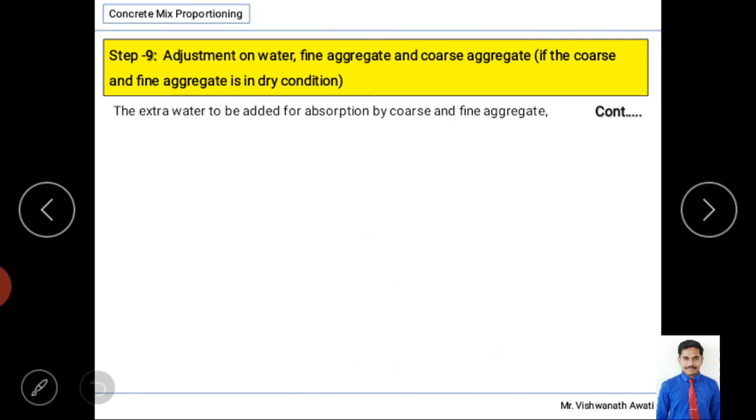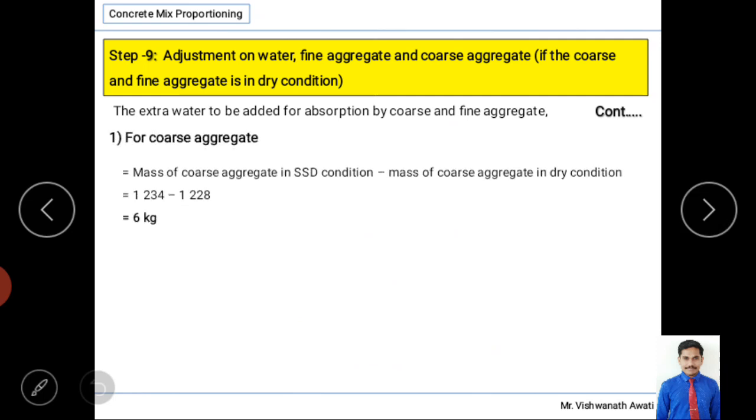Next we have to calculate the extra water to be added for absorption by coarse and fine aggregate. So how to calculate this? We have a simple formula. The formula is mass of coarse aggregate in SSD condition minus mass of coarse aggregate in dry condition.